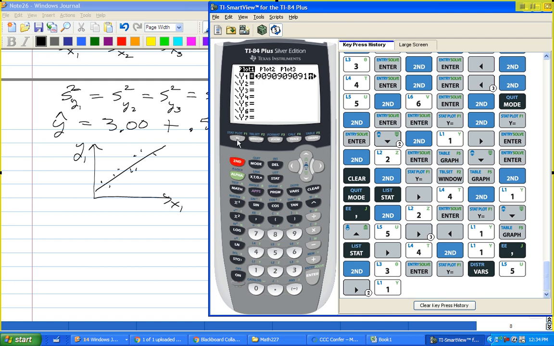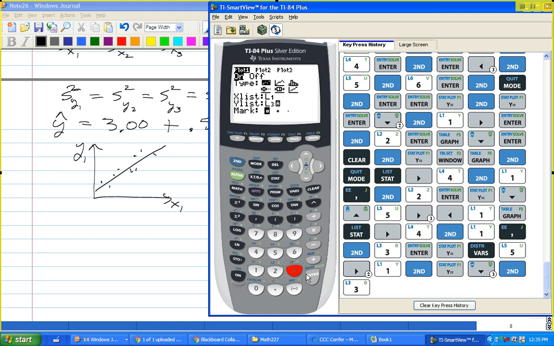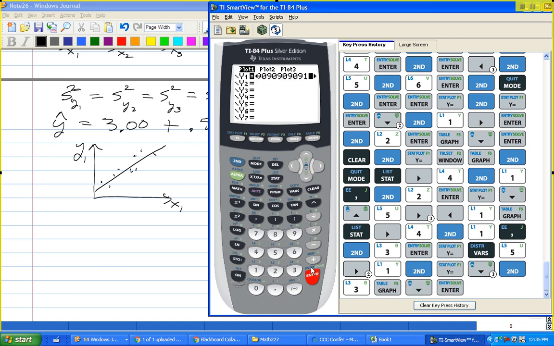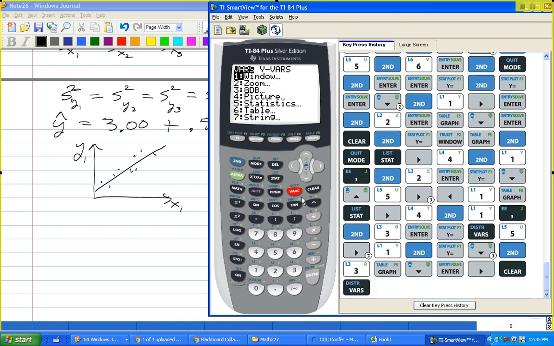Let's go to my stat plot and put in L1 and L3. Good. Let's graph this. Oh, what did I mess up on? Oh, I didn't clear it before. Stupid. I had more than one equation at the same time.